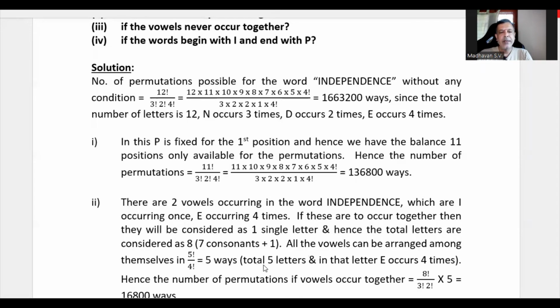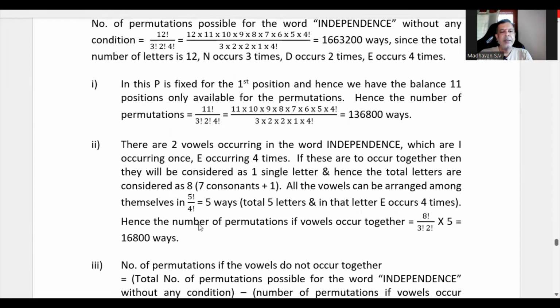Hence, the number of permutations if the vowels occur together, with 8 letters considered, is 8 factorial divided by 3 factorial into 2 factorial, since N occurs 3 times and D occurs 2 times, multiplied by this 5. After calculation, we get 16,800 ways.